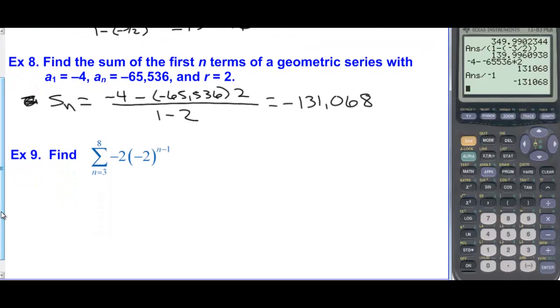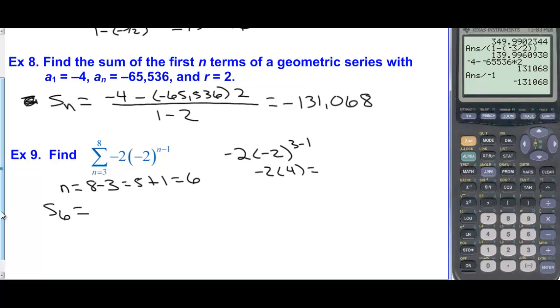Example 9, find the sum of this. We have sigma n equals 3 to 8, so the number of terms is equal to 8 minus 3, which is 5, but then plus 1 is 6. So the sum of the first 6 terms is equal to the first term, -2 times -2 raised to the 3 minus 1, that's -2 times 4, that's -8.